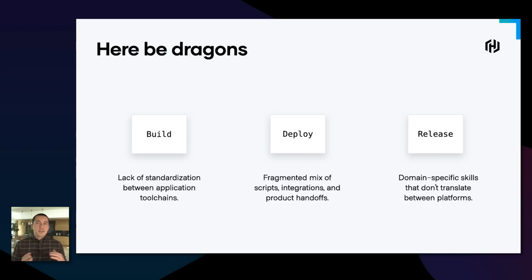So you see some solutions here, but they are a challenge and they're not consistent. If you learn one set of tools, you tend to have to relearn a totally different set of tools to use a different platform, or a different programming language, or to join a company that has a different cultural approach to this sort of problem. So build, deploy, and release is where we were seeing a lot of challenges.